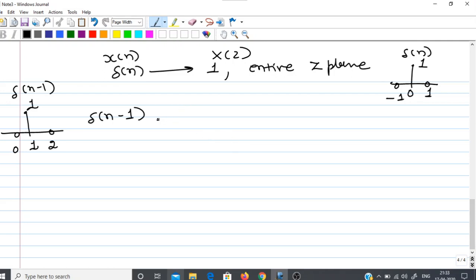Now can we use the time shifting property?